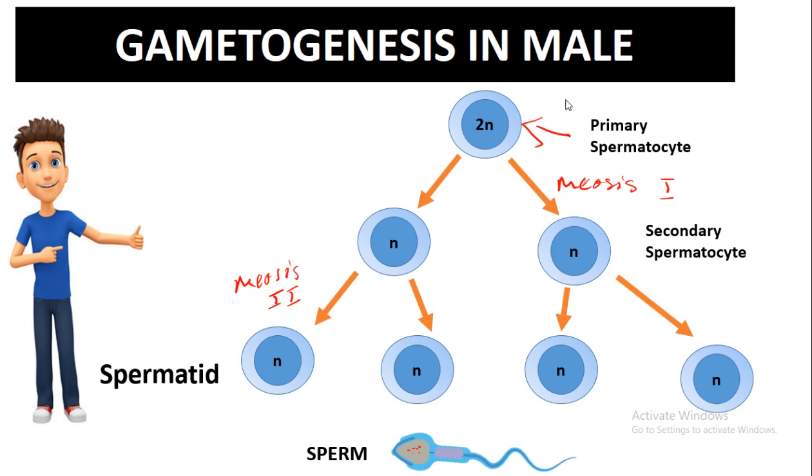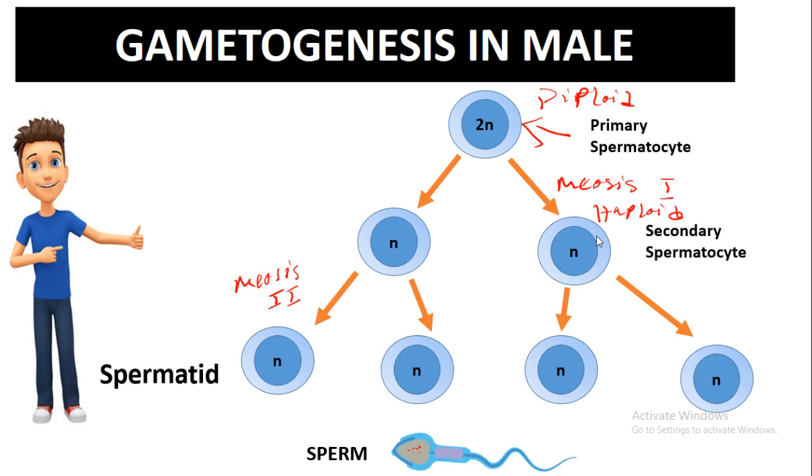So remember, from primary spermatocyte to secondary spermatocyte, there is a change in the number of chromosomes from diploid to haploid.